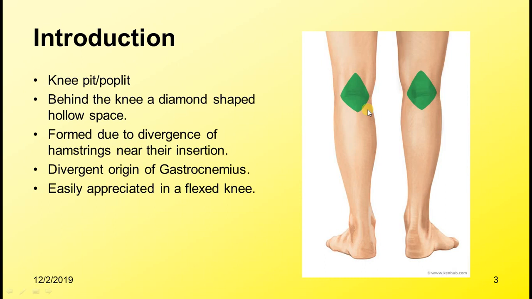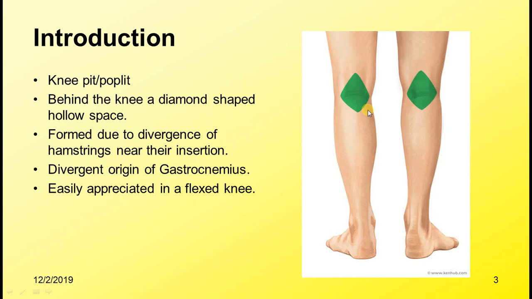Now, this depression or hollowness you can appreciate in a flexed knee. When you just bend your knee, then you can see the depression. Why not when it is extended or when you are standing upright? It is a bit difficult to appreciate this depression while standing or in an extended knee, because of the tough deep fascia which is present.